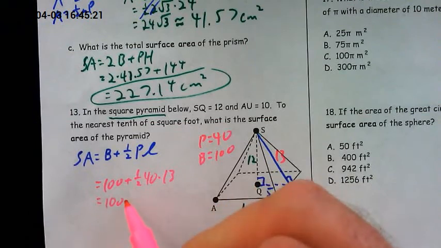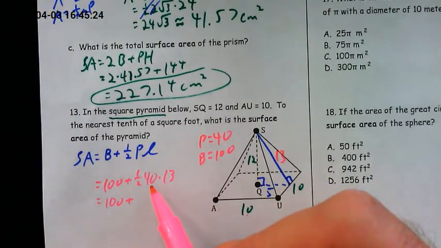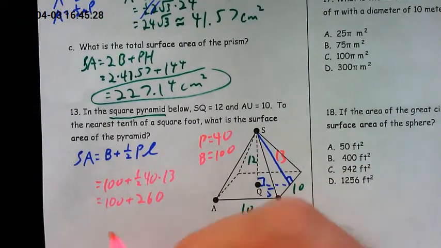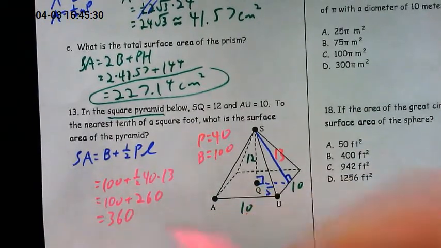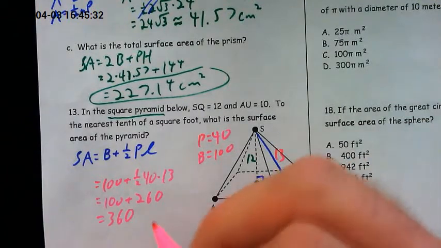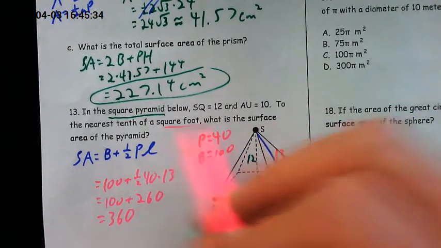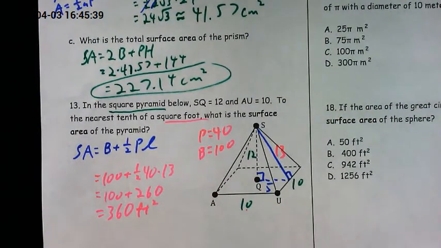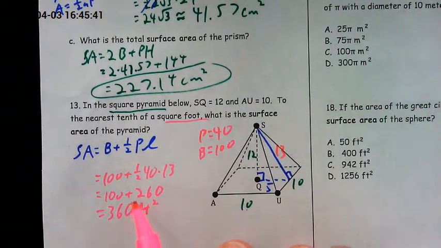So 100 plus 1/2 of 40 is 20. 20 times 13 is 260. 260 plus 100 is 360, and again, this is area, so this is feet squared. Yeah, it said they're in feet, so feet squared. And that would be our answer.